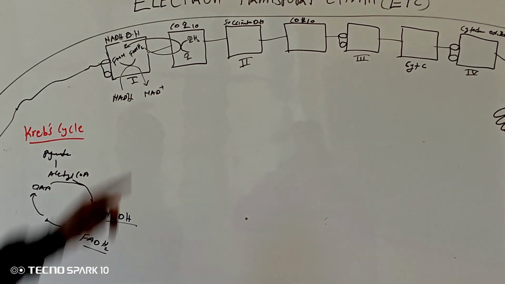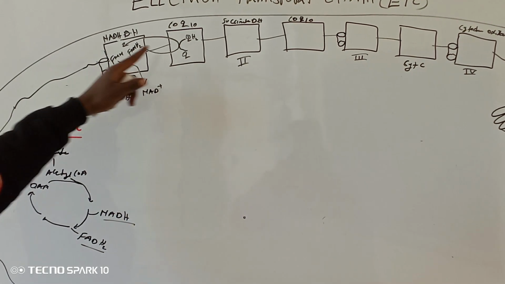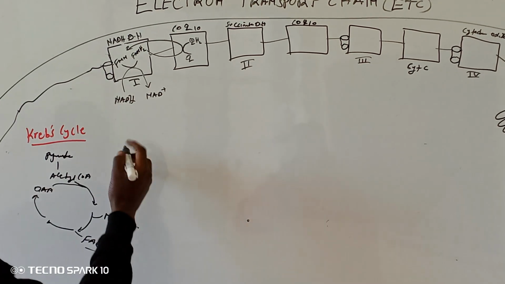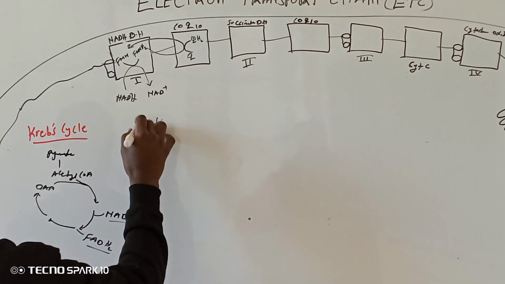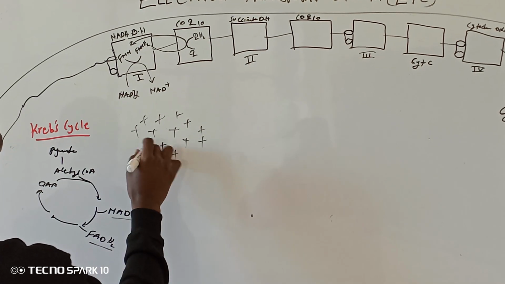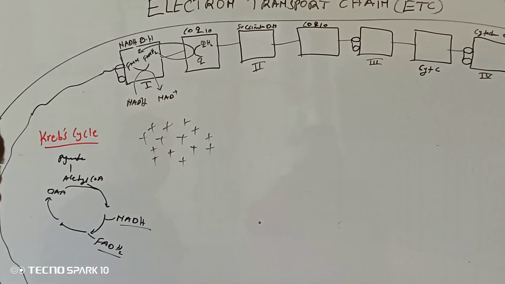Remember, one thing you must take into consideration: when we are passing the electrons from complex 1 to coenzyme Q, something funny happens. Inside the matrix of the mitochondria, there are protons.